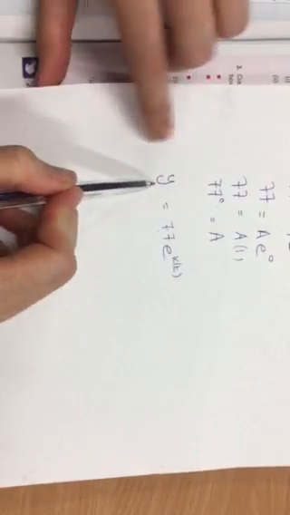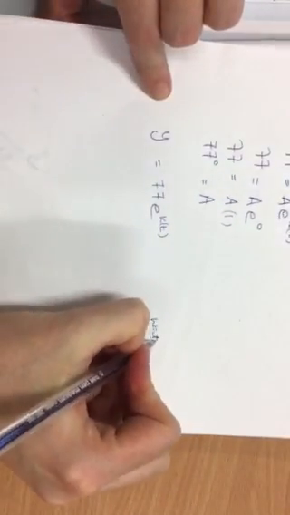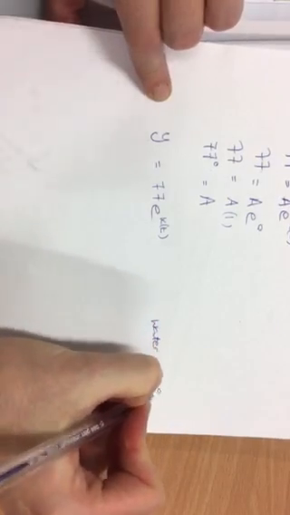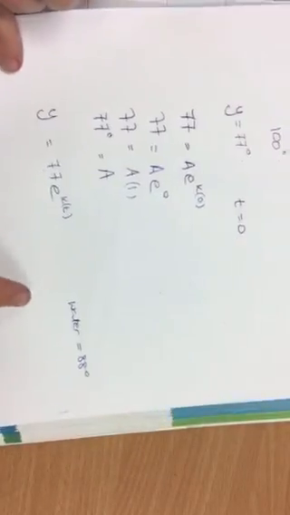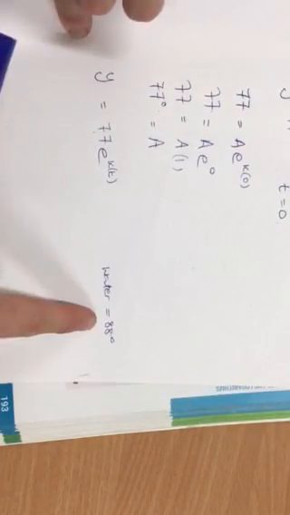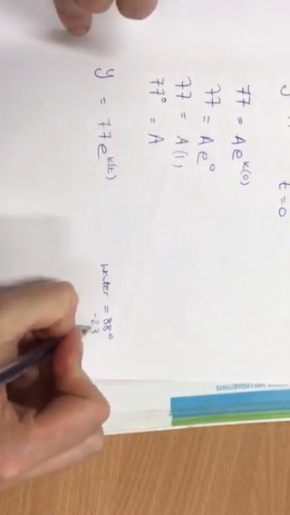That's my new and improved formula now that I found out what A is. After the first 5 minutes, so now T is 5, the temperature of the water is 88 degrees. But Y is the difference between the water temperature and the room temperature, so Y is 88 minus the 23.